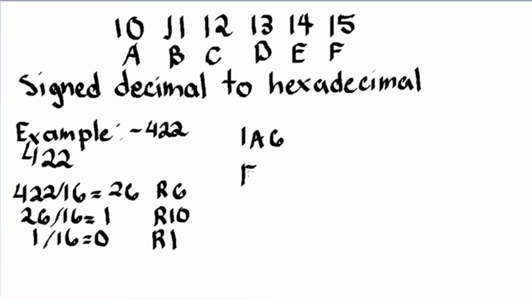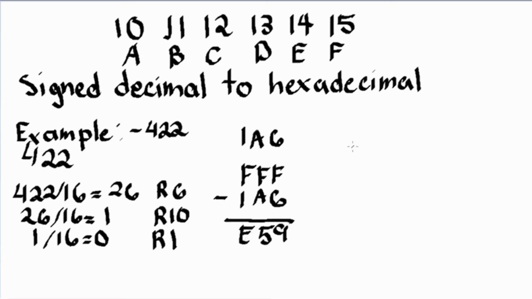So you get 9, and F is 15, and 15 minus 1 is 14, which is equivalent to E in hexadecimal.